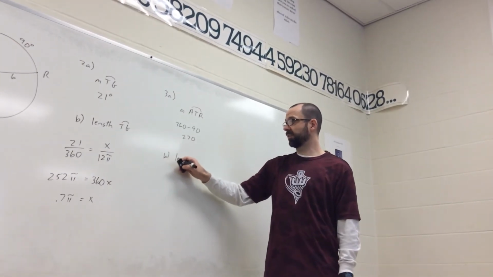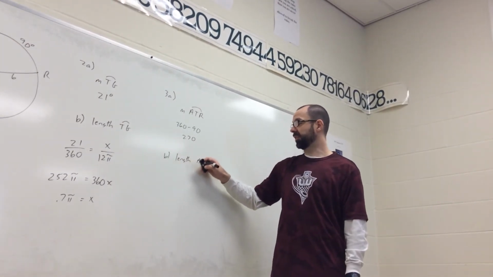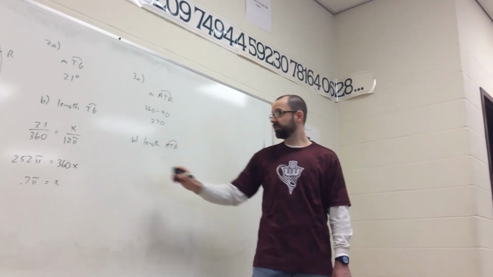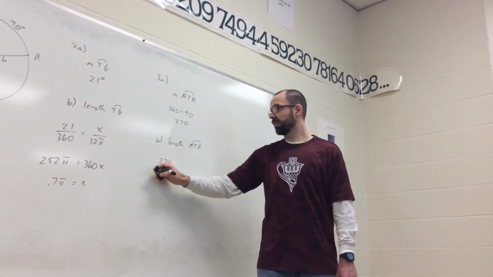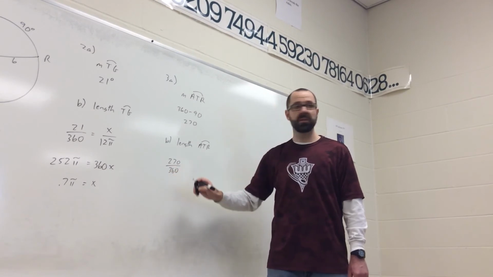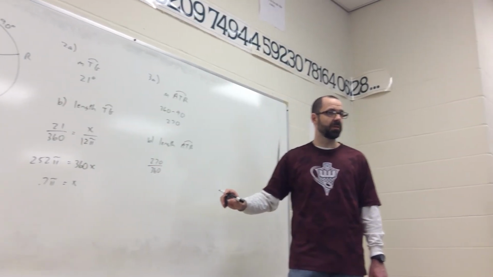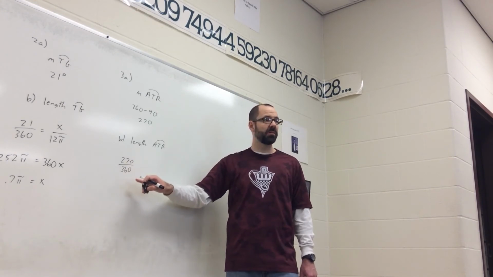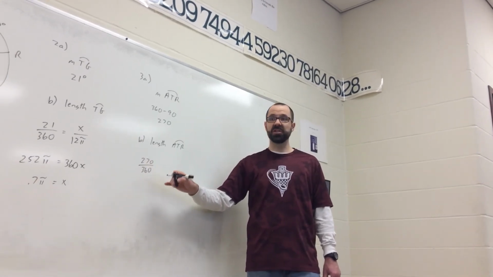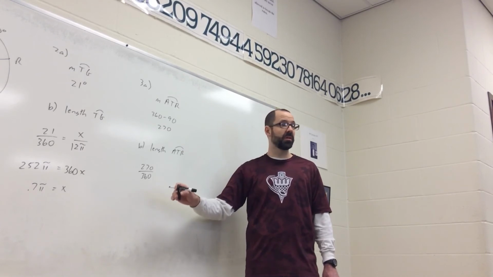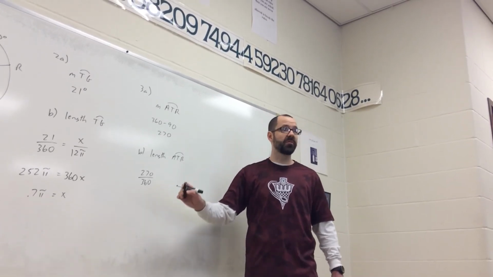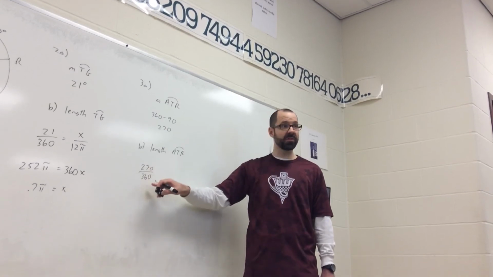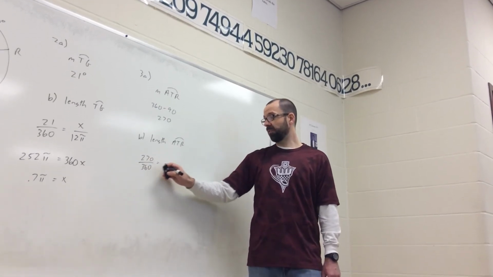So then if we're going to find the length of ATR, it's 270/360ths of the circle, aka 3/4. 90 degrees is 1/4 of the circle, so what's left is 3/4 of the circle. So we've got 3/4 of the 12 pi.